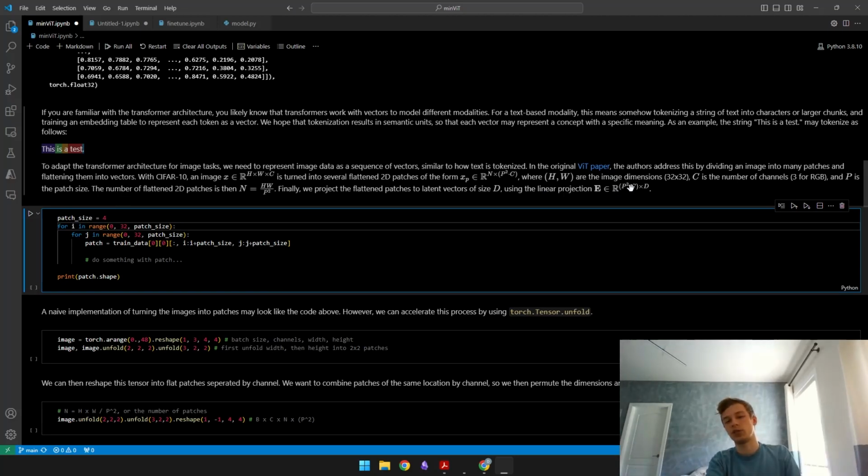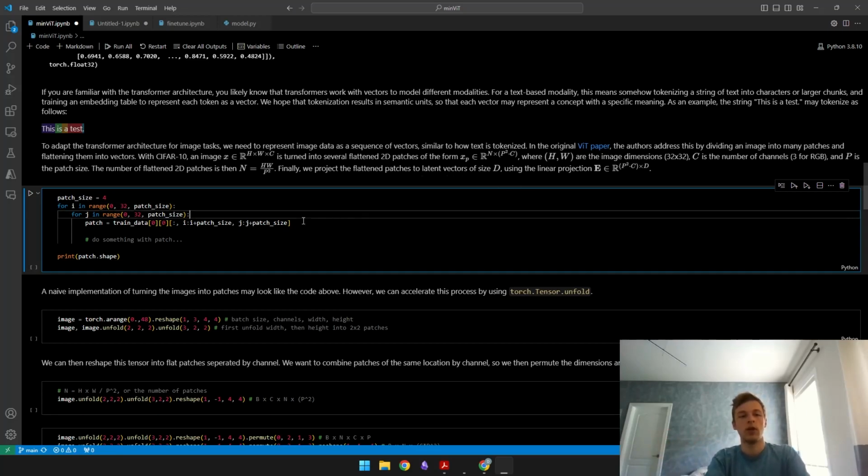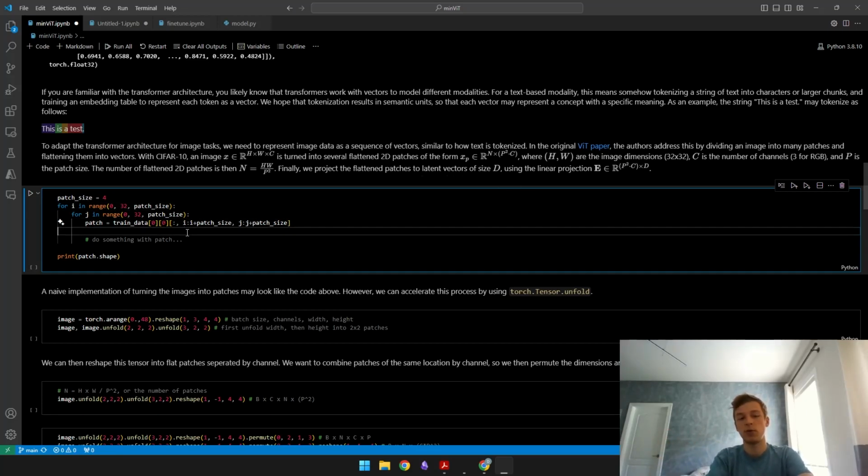And the linear projection will be of this dimension, essentially the patch dimension to the latent vector dimension for the transformer. So here's some code that we could use to transform the training data we saw earlier into a patch.